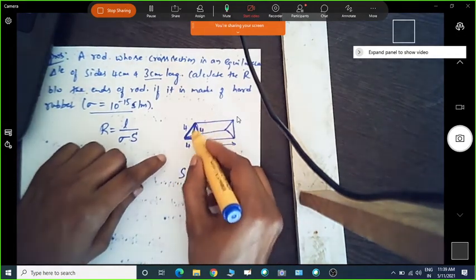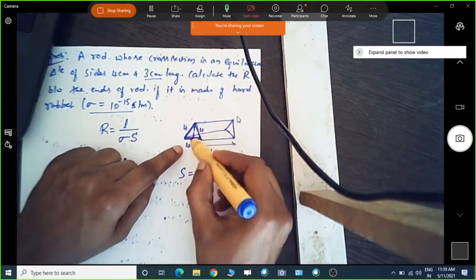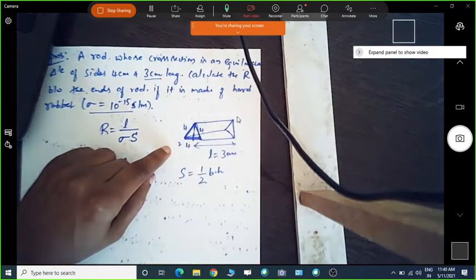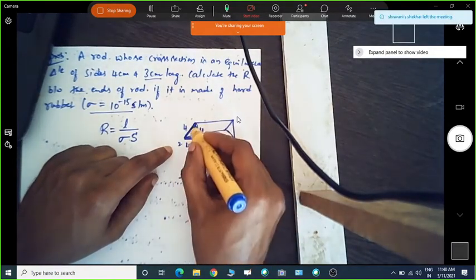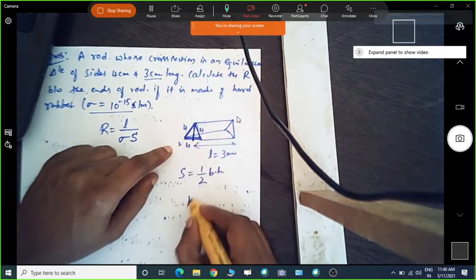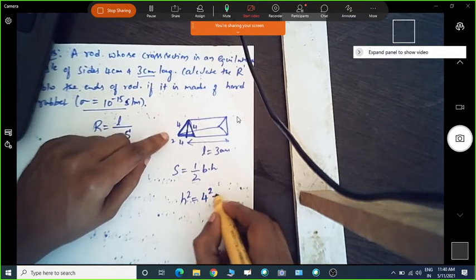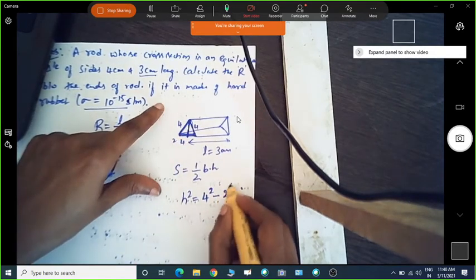We can apply the Pythagoras law. Here the 4 you can equally divide, so this side is 2 centimeter and this is 4. This height I can write as h. So h square is nothing but the hypotenuse 4 square minus the half base square, that is 2 square.